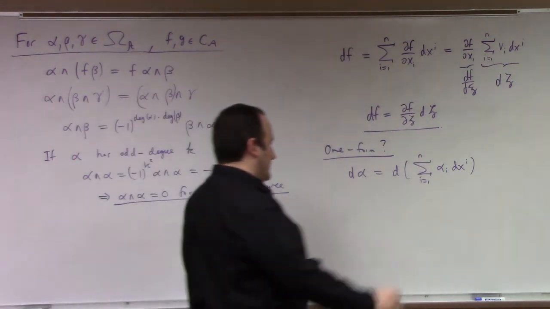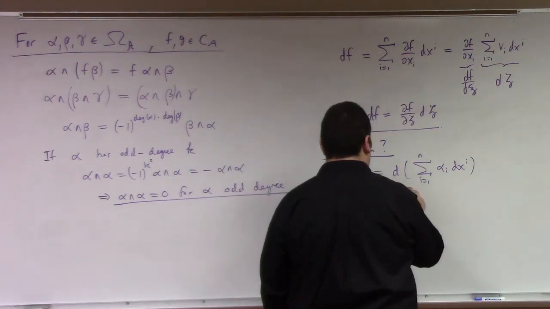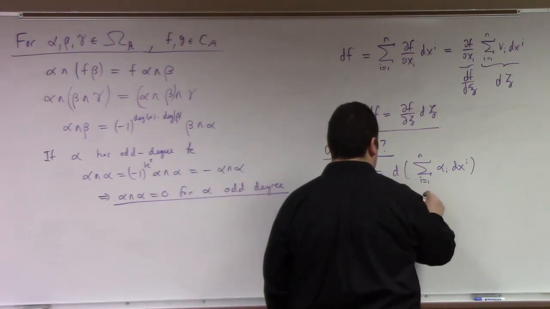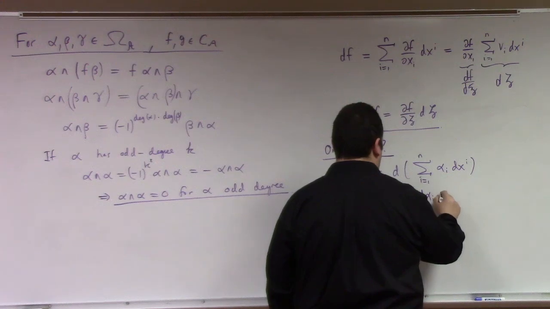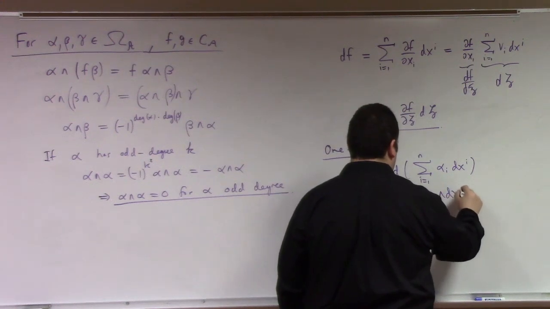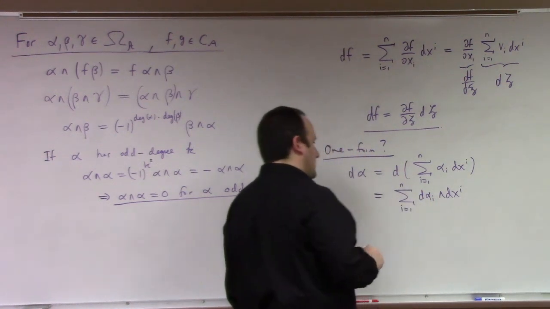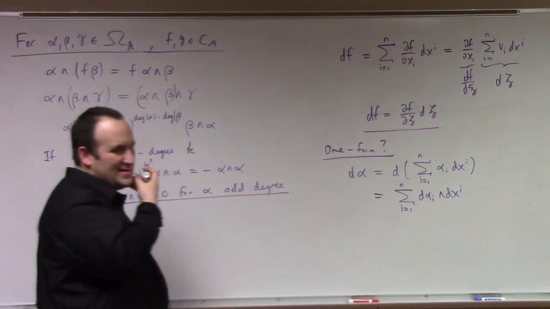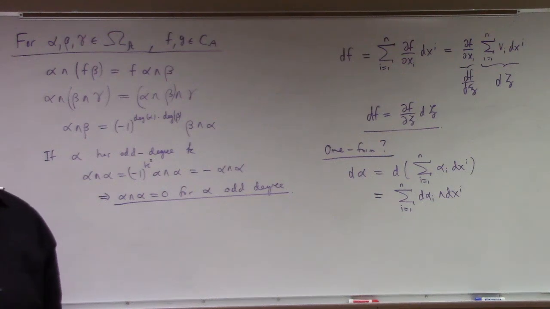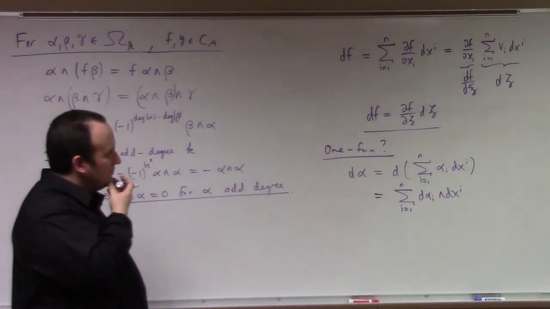And so that's, by definition, the sum of d alpha_i wedge dx_i. But the d alpha_i we can write as what?